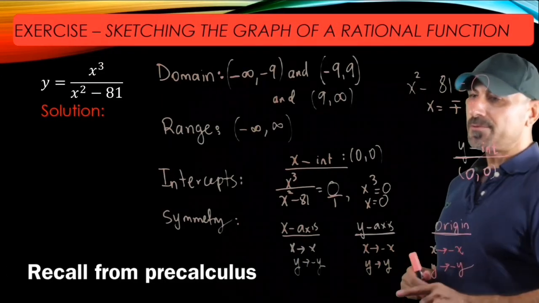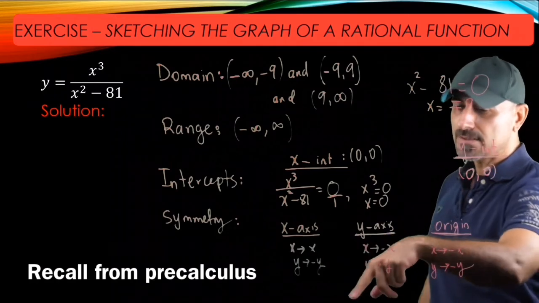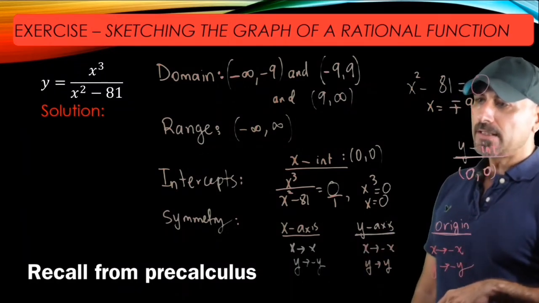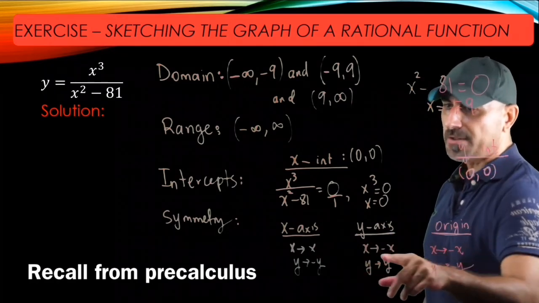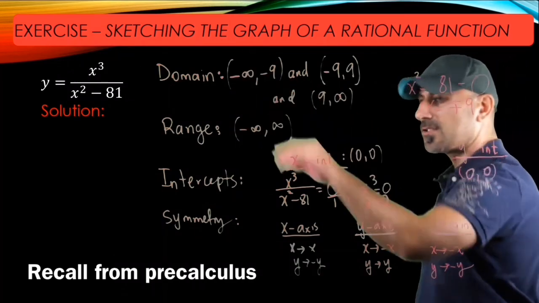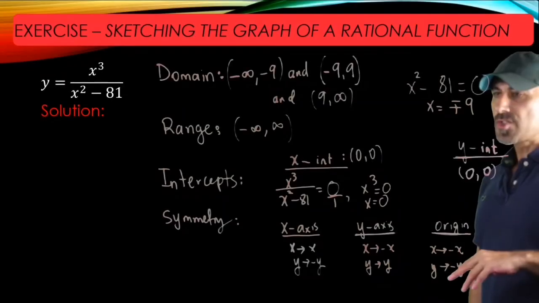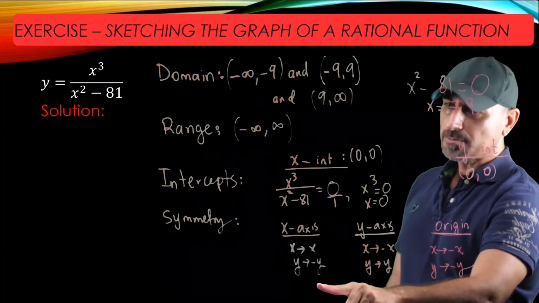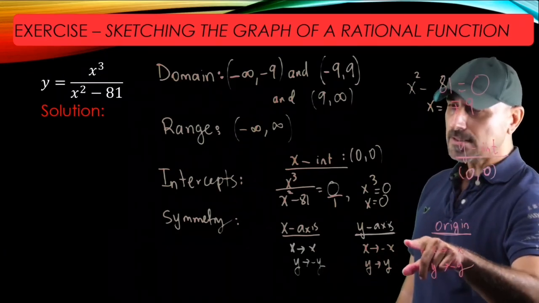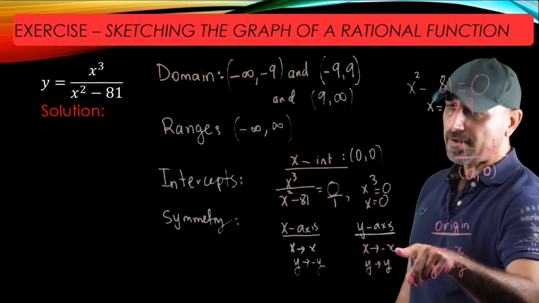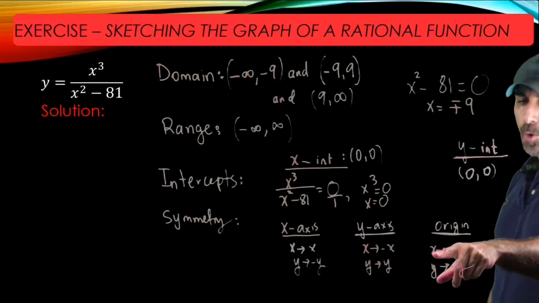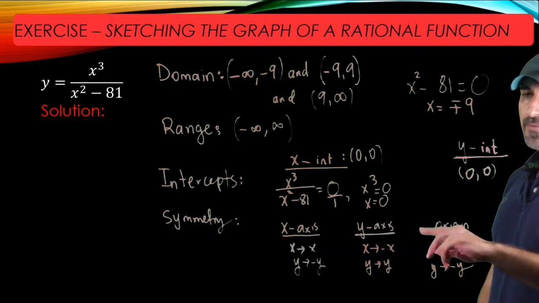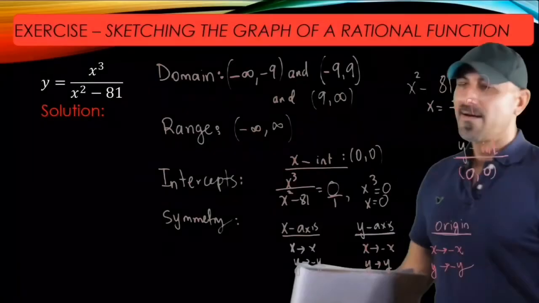Recall that we have 3 different types of symmetries: x-axis, y-axis, and the origin. And in each case, we do some change of variables and see if the function description changes or not. So in the first one, we have x replaced by x, y replaced by negative y. In y-axis symmetry, we have x replaced by negative x, y replaced by y. For the origin, we replace x by negative x, y by negative y.